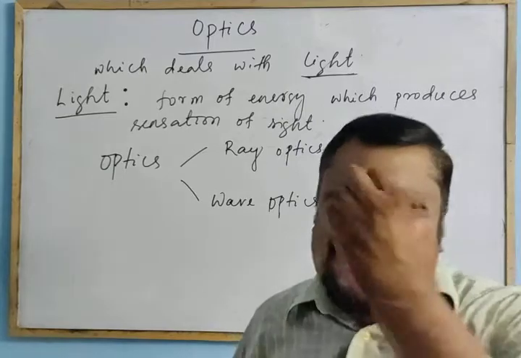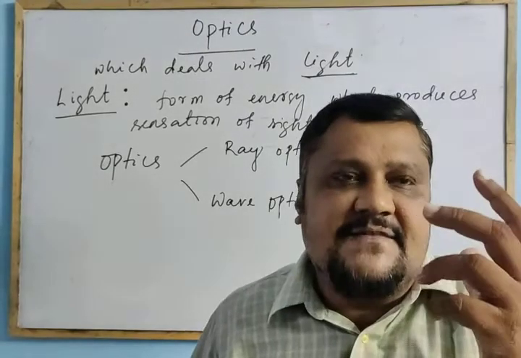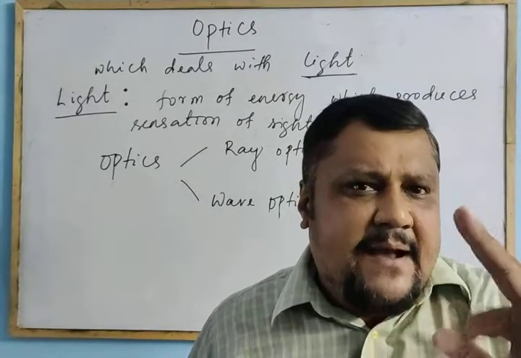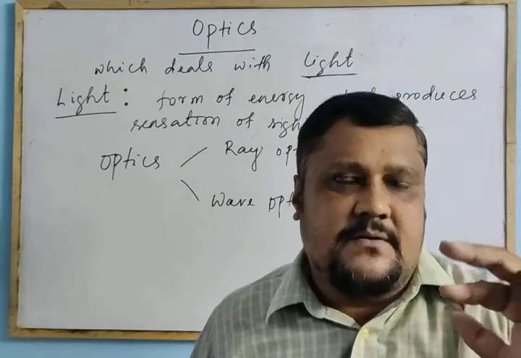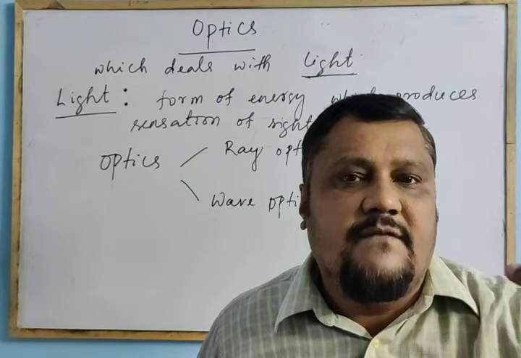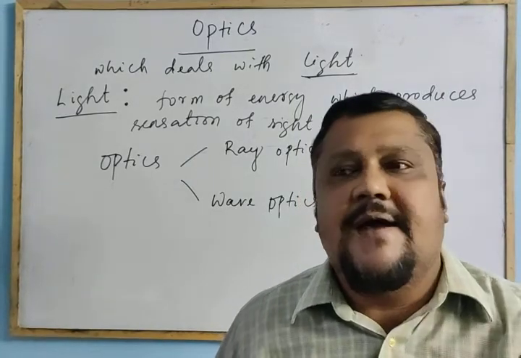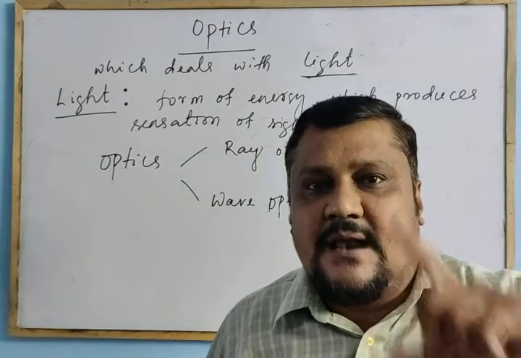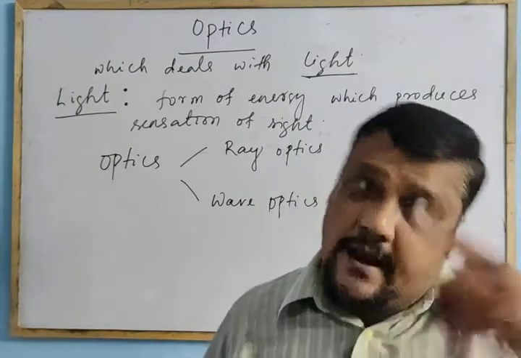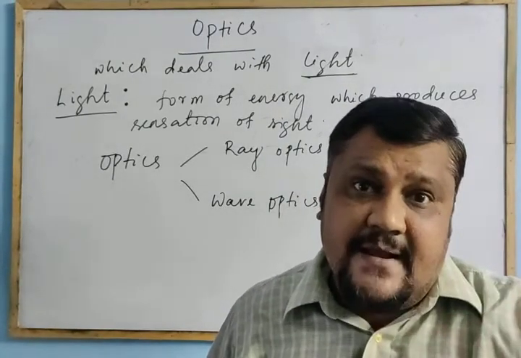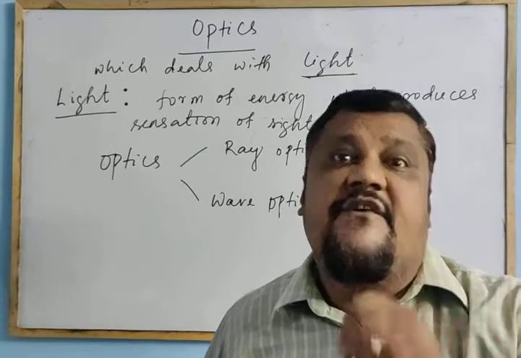Why is it divided into ray optics and wave optics? Because of the assumption about the nature of light, light can be considered as a ray, and also as a wave.